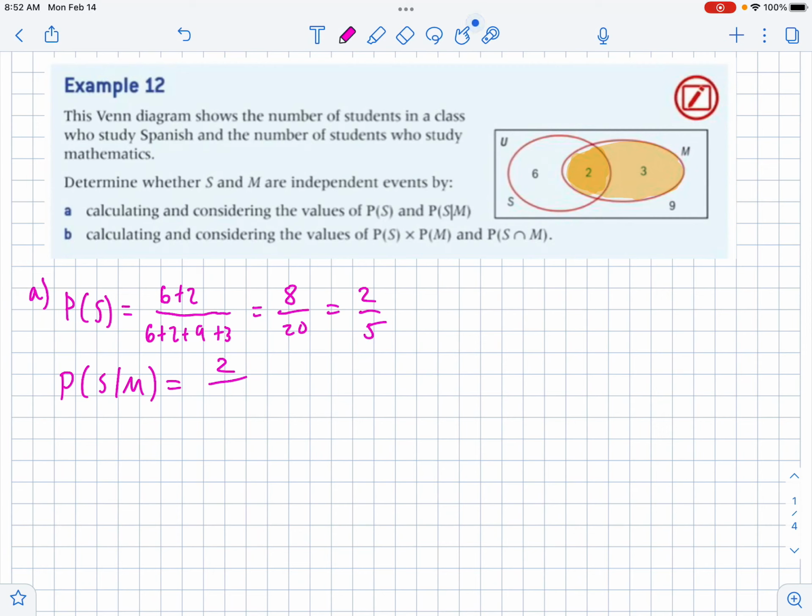I guess I could put 2 plus 3 since I was showing the adding, but I'll keep consistent that this is 2/5. Now, because these two things are the same, you can say that these two things are independent events of each other.